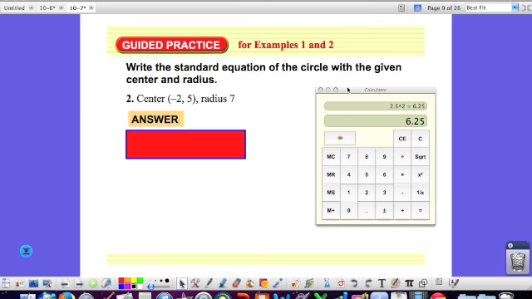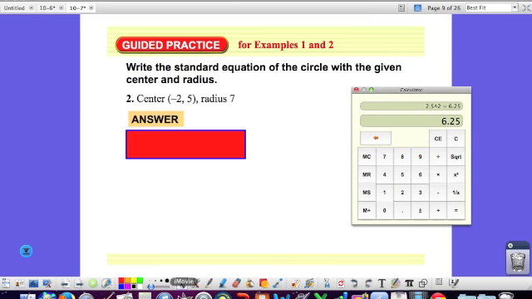So now write the standard equation given by this. So remember our default, x minus h squared plus y minus k squared equals 7 squared.